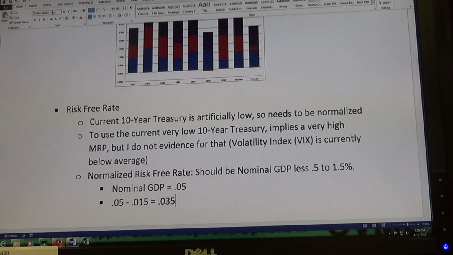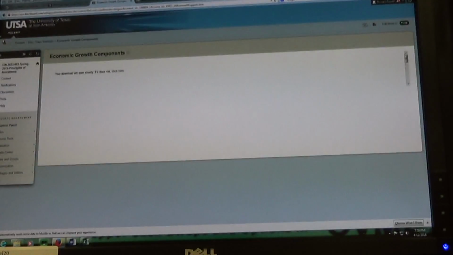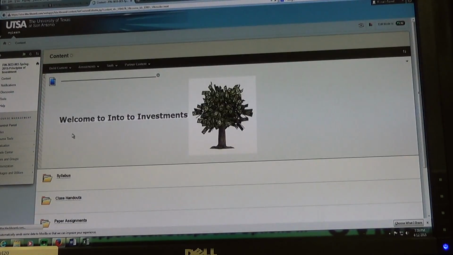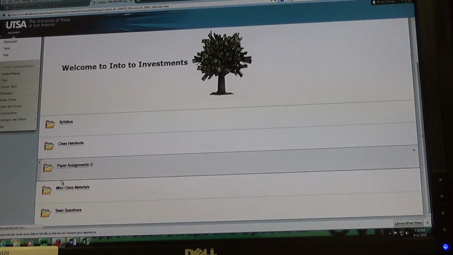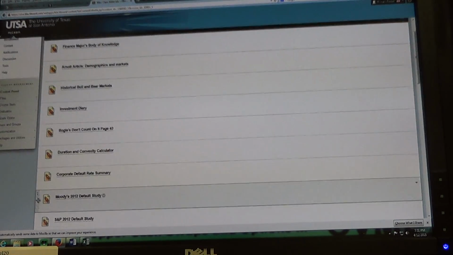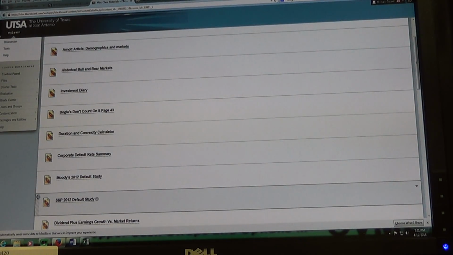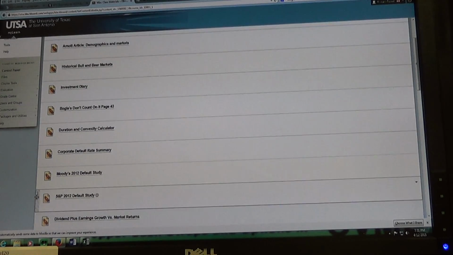Now my support for that is I provided another chart. If you go back in to the miscellaneous class materials, I provided a chart that could give you some evidence for the normal 10-year Treasury. It's a chart very close to the components of GDP growth.